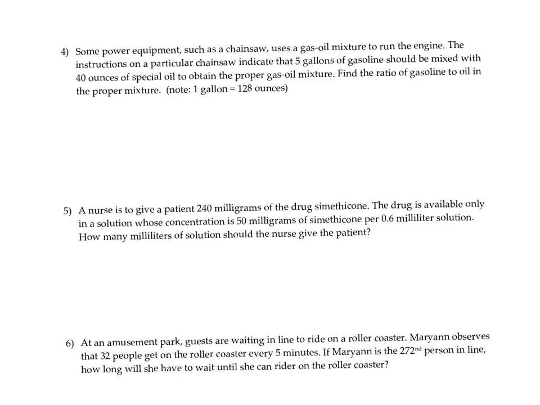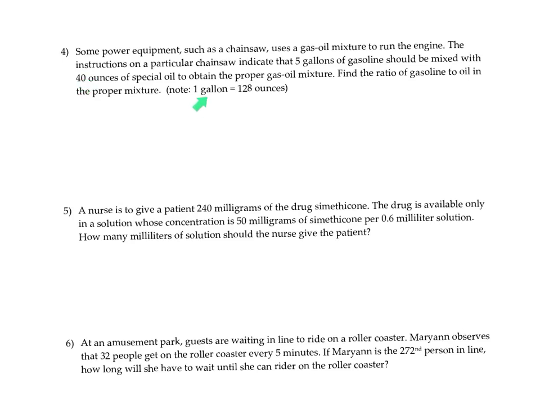Take a minute to read problem number 4. You can pause the video. The question is to find the ratio of gasoline to oil in the proper mixture. We need to compare the gasoline to the oil in the same units of measure. The gas is measured in gallons and the oil is measured in ounces.